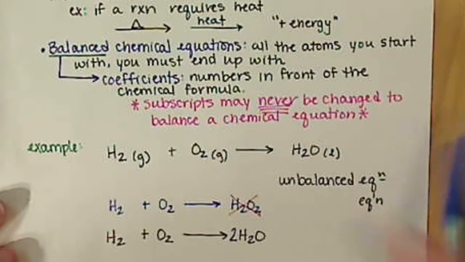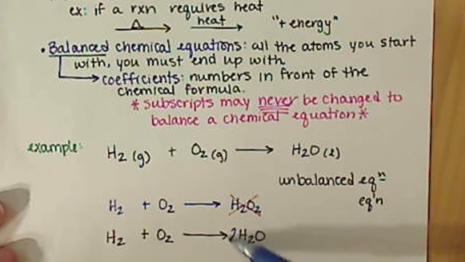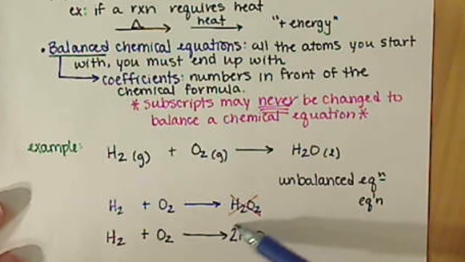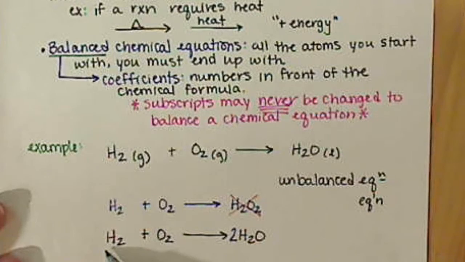But now our problem is we have a total of 4 hydrogen atoms. We have 2 water molecules, each water molecule has 2 hydrogens, so we have a total of 4 hydrogens in our products. But as it stands right now, we only started with 2 hydrogen atoms in our reactants.